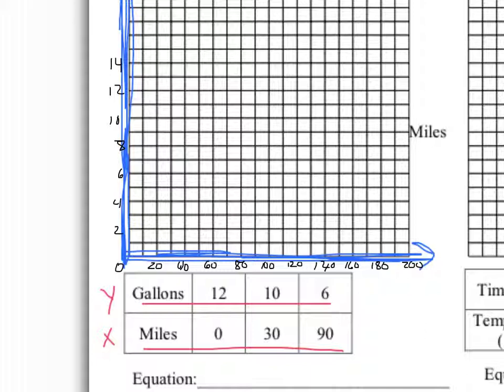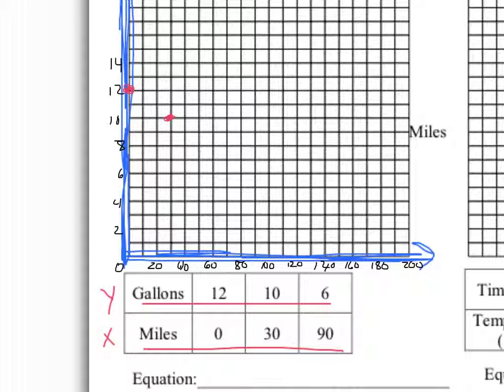All right, so I'm going to graph these points. 0, 12. So 0 miles is 12 gallons. And 30 miles is 10 gallons. That's here.